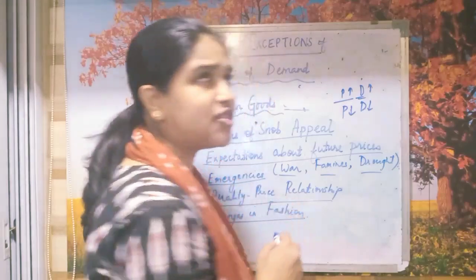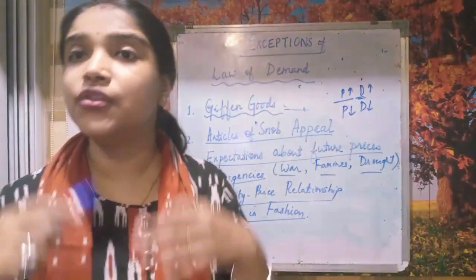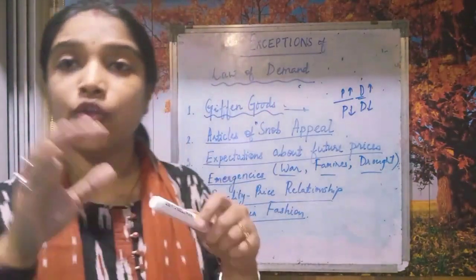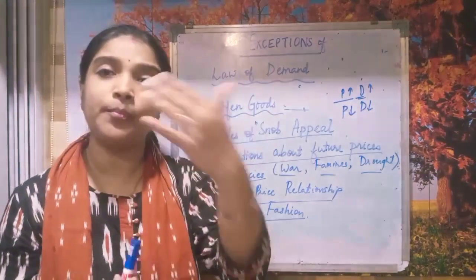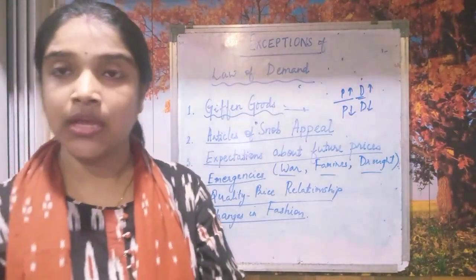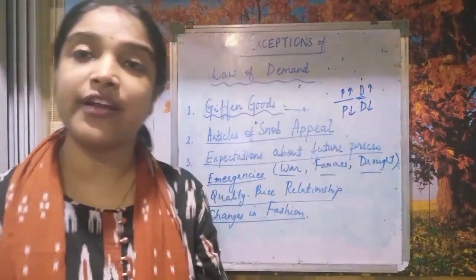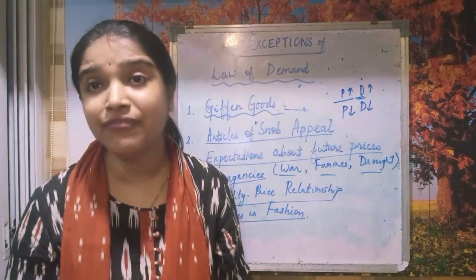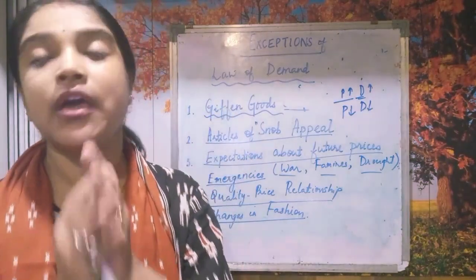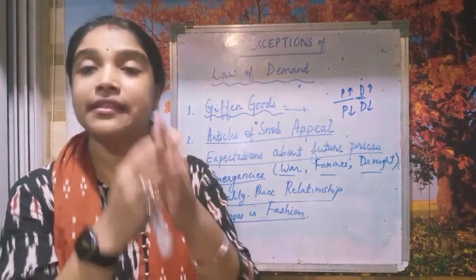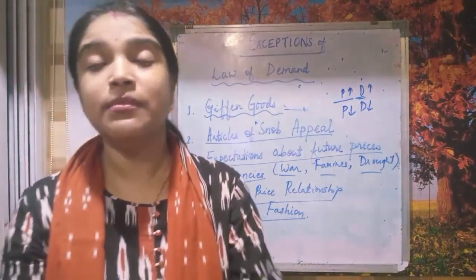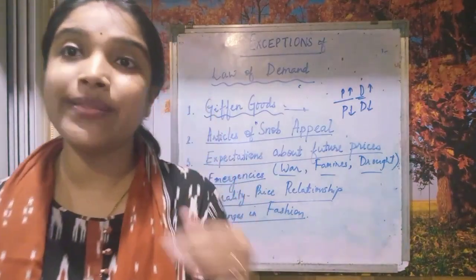Next is change in fashion. If a product goes out of fashion, will a normal person have a tendency to purchase that product? No. Okay, if the product is out of fashion, he or she will not demand the product even if the price goes very low, because there's a general tendency of consumers to go with the fashion, to go with the trend.